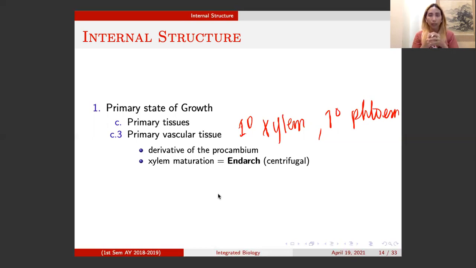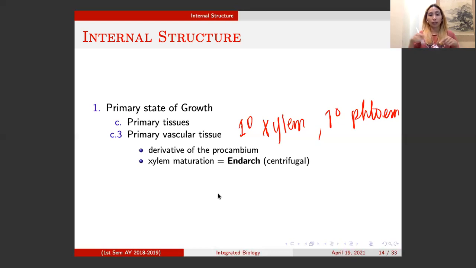Saan yung direction ng growth niya. Okay, so xylem maturation in stem is different in xylem maturation ng roots. Okay, so pag napanood nyo na yung video lecture nyo on roots, you will know that xylem maturation of roots is centripetal, no? It is endarch.